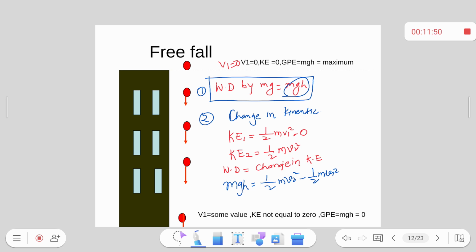So dear, this v1 term I already got as 0. So actually the work done when I drop the ball gives mgh equals half m v2 square. So this is the application of the work energy principle when the ball is dropped or is in free fall. I hope you all understood this application of the work energy principle. Thank you.